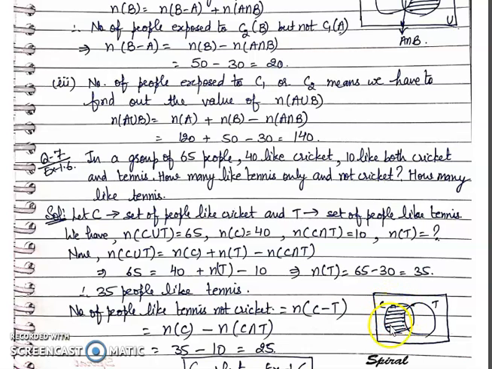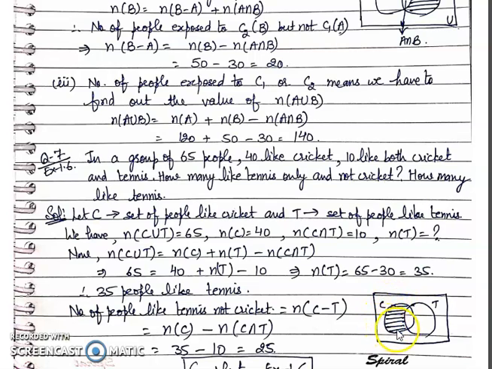People who like tennis but not cricket, it means we have to find out this shaded portion, and this shaded portion is T minus C. As we did in the last example, n(T minus C) is equal to n(T) minus n(C intersection T).